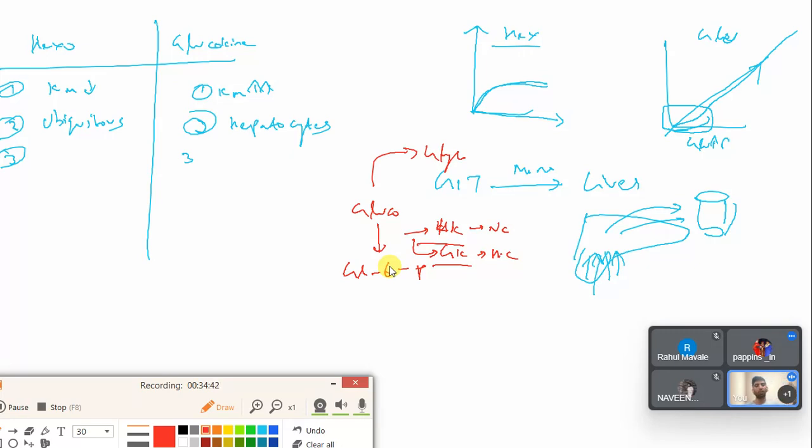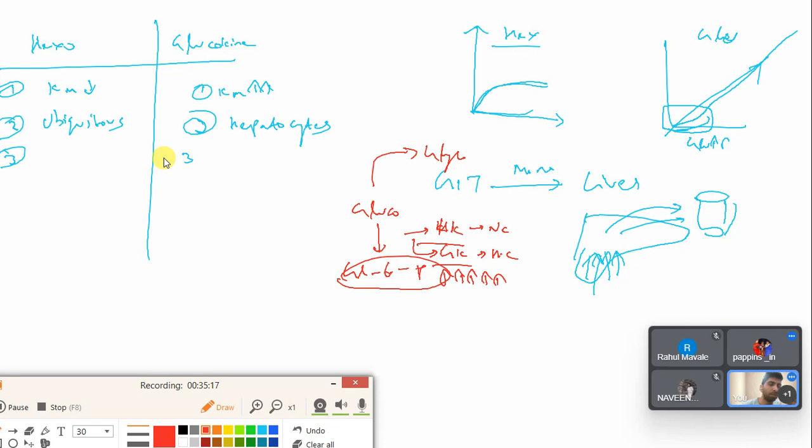So mostly, in order to stop this enzyme, if the product is in abundance, it will act as an inhibitor and stop this enzyme. So will the abundance of glucose 6 phosphate in the cell stop both the enzymes, hexokinase and glucokinase? This is product based inhibition.